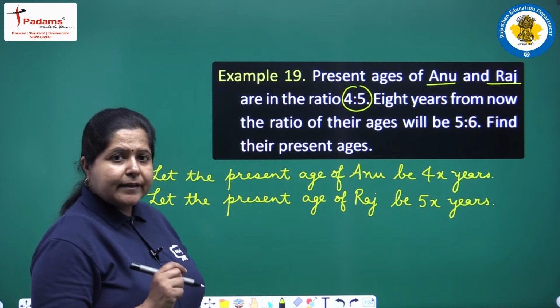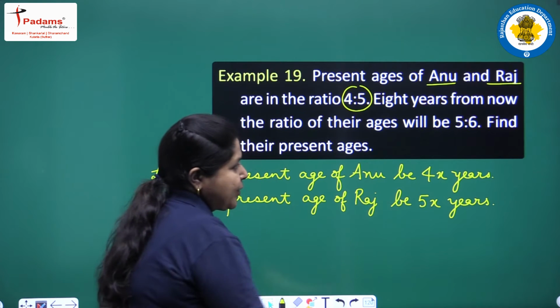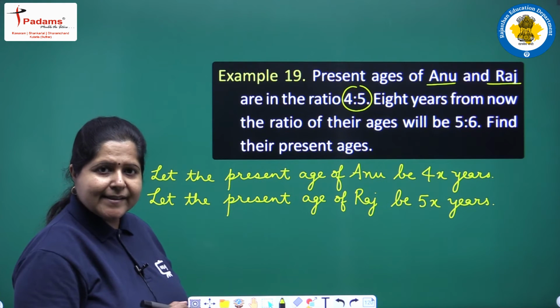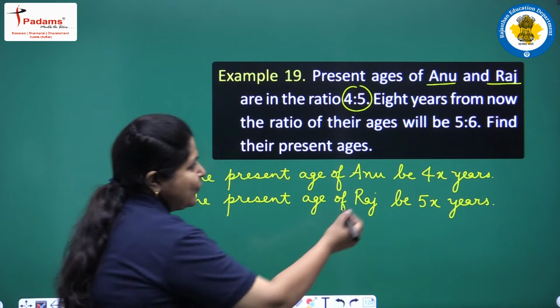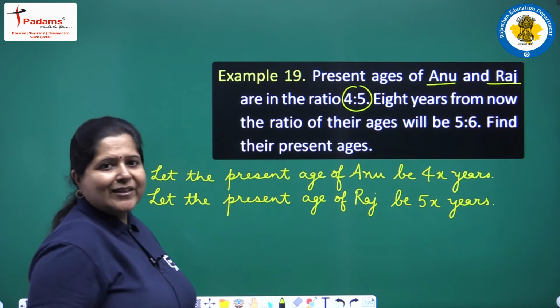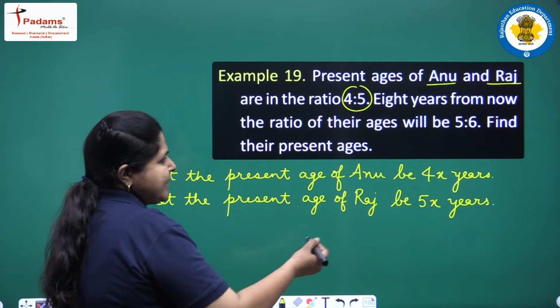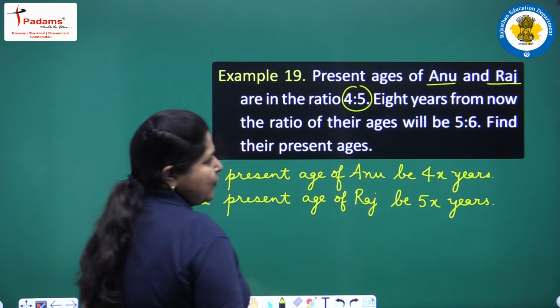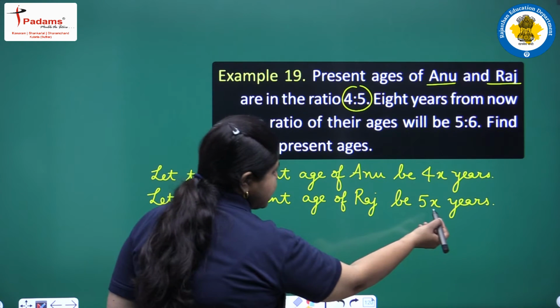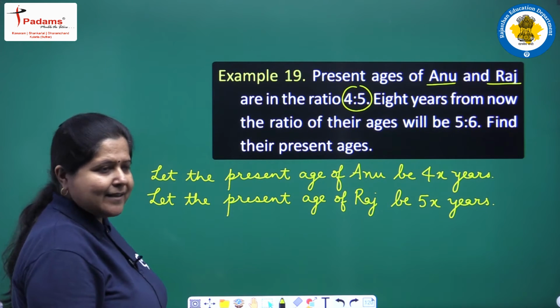Now, if you take the ratio of their present age at this point, you can easily cancel x and x and we will get the ratio 4:5 as it is given in the question. So, we can easily take Anu's present age to be 4x years and Raj's present age to be 5x years.